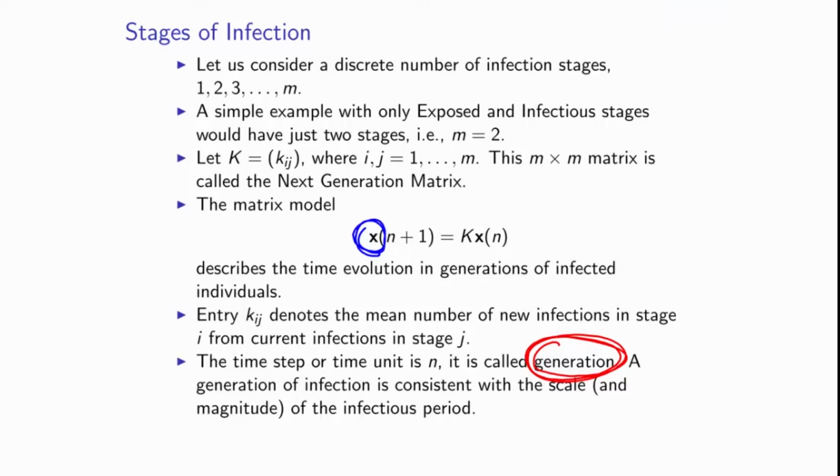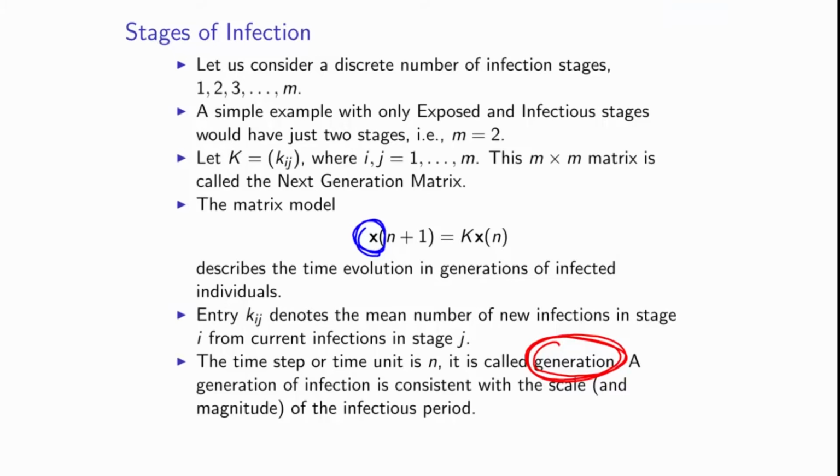With this type of model, you think of this process as infected individuals producing babies, but they are not literally babies, they are offspring of infections. Every time an infected individual in a particular stage J is capable of producing an infected individual in stage I, that production is considered infection offspring, and that's precisely what this type of matrix model describes. It's a very common way of describing that time evolution.